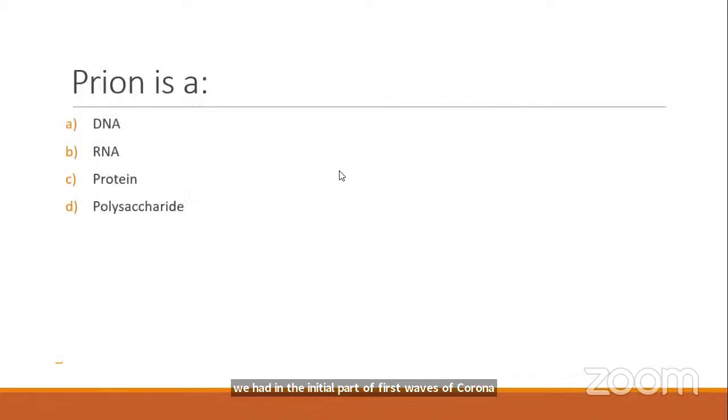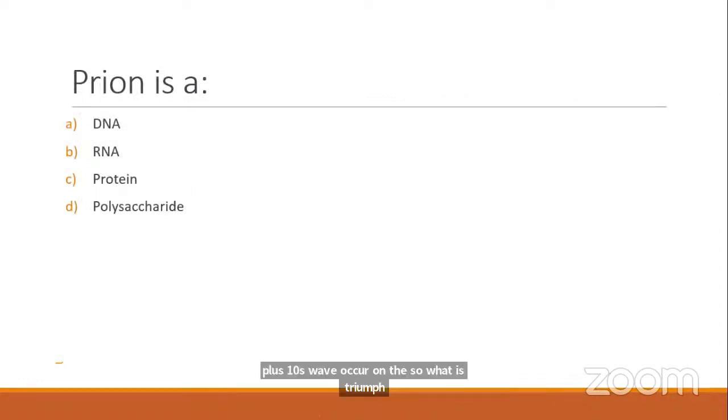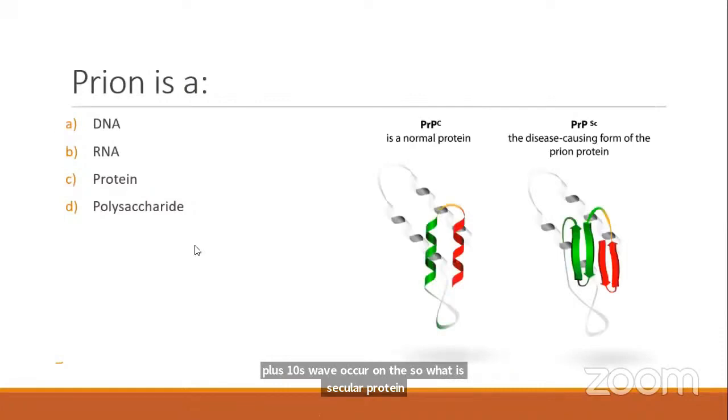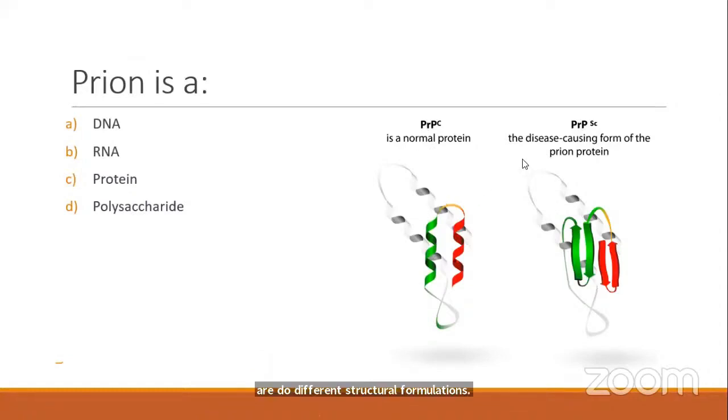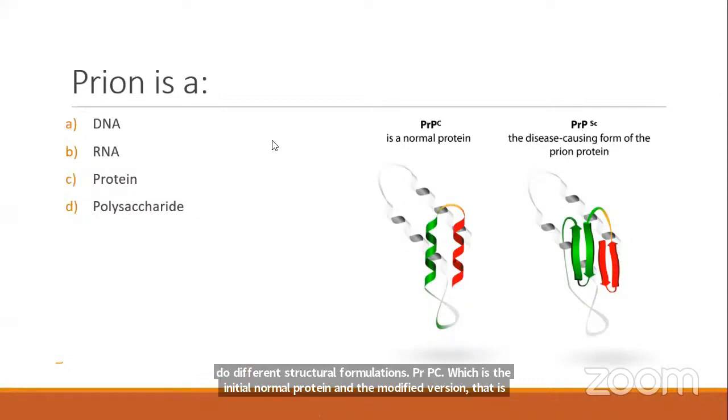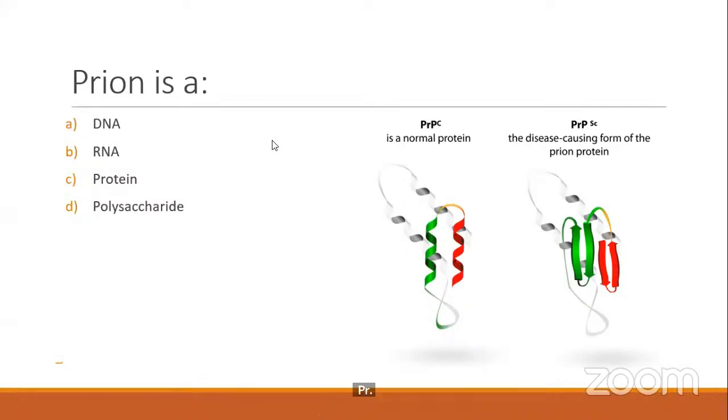So what is a prion? It's actually a protein, as you have rightly mentioned. There are two different structural forms: PrPC, which is the normal protein, and the modified version, PrPSc. Always remember, prion is very highly resistant to routine sterilization procedures.